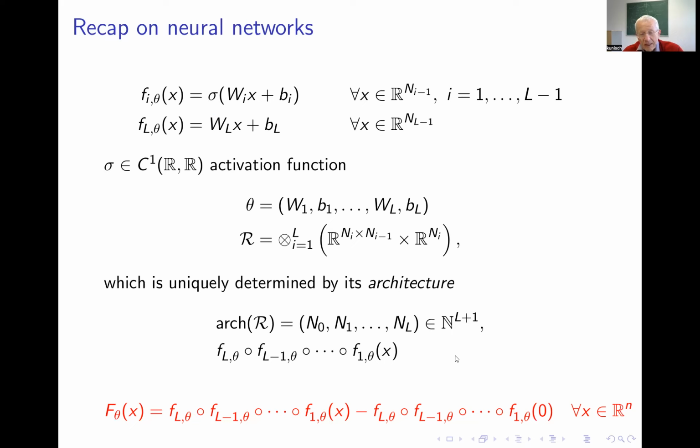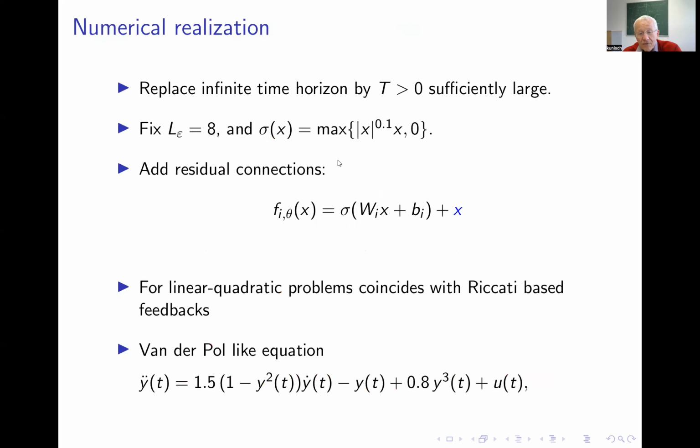And I jump over that. We justified the approach in the sense that if there exists a neural network which approximates the feedback function by epsilon, then we can approximate our whole optimization problem by a constant times epsilon. Without going into the details, I go to some numerical results.